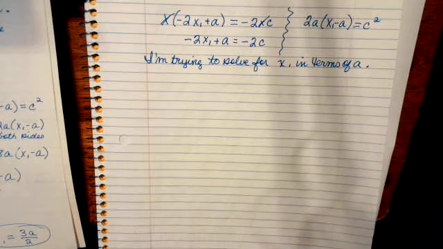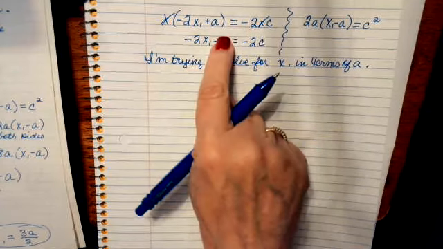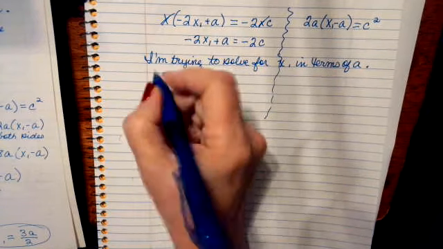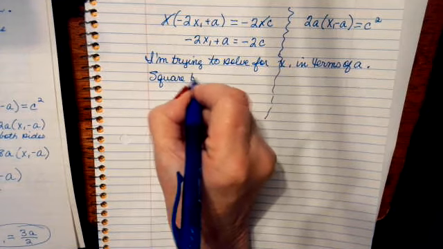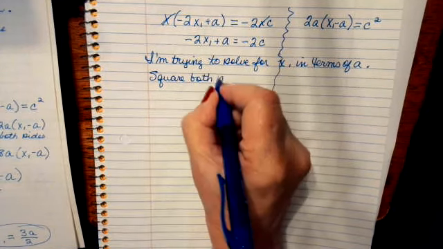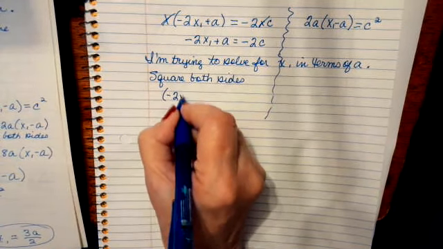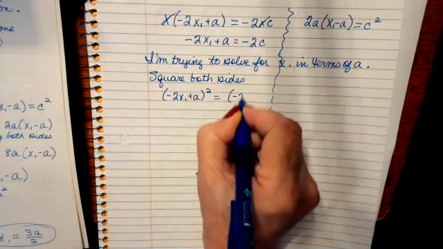And this is where I'm thinking, how did he know to do this? Take this first equation and let's square both sides. I get (negative 2x1 plus a) squared equals negative 2c squared.